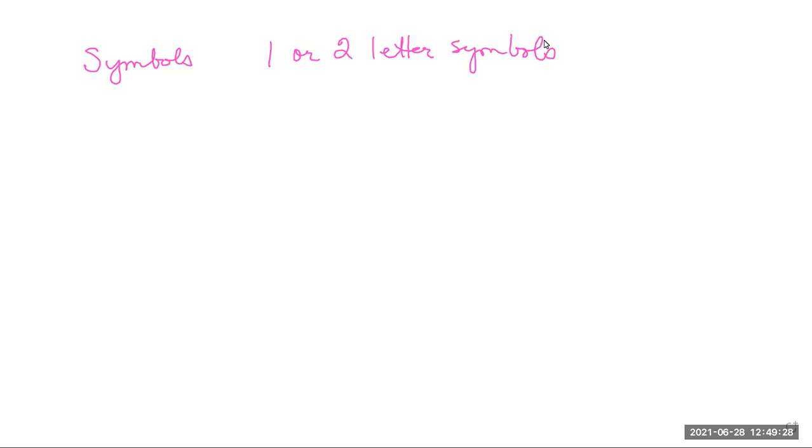And then some of them, the newer ones that have been man-made, are named after places and people. All right. But when we look at the symbol, if it's only a 1-letter symbol, it's always capitalized.